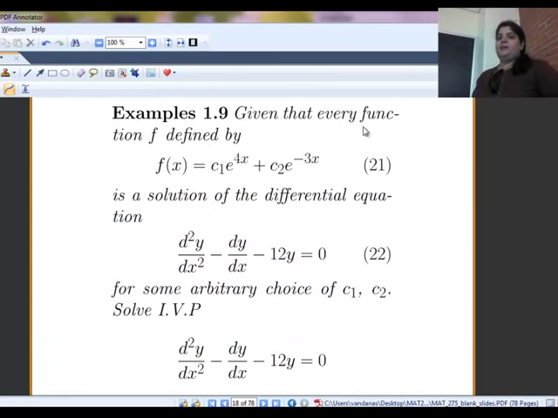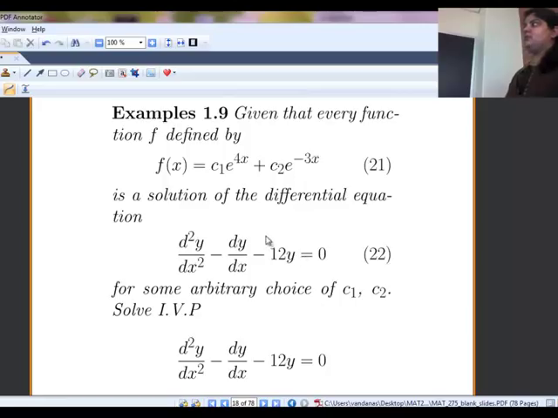Now given that every function f which looks like this is a solution of this differential equation. So it is given to you that C1 and C2 being any arbitrary constants, this is a solution of this differential equation.